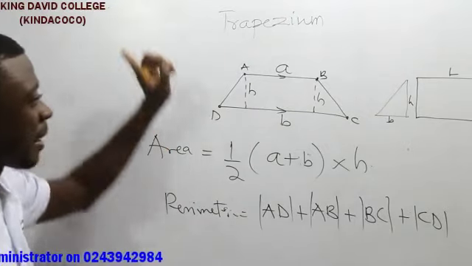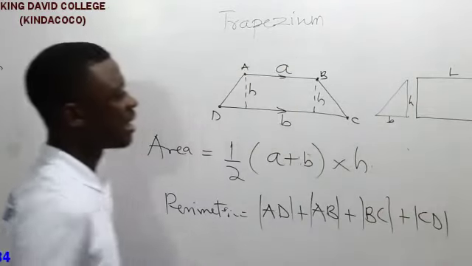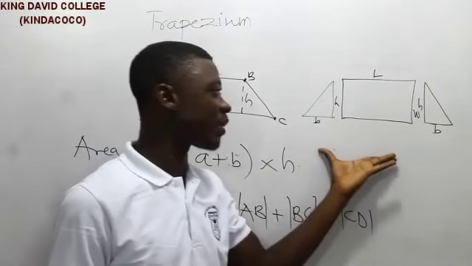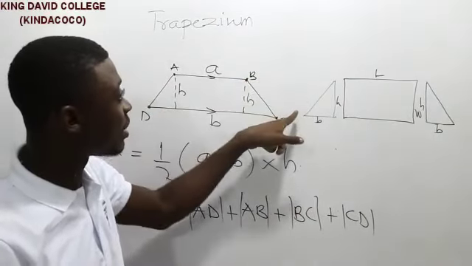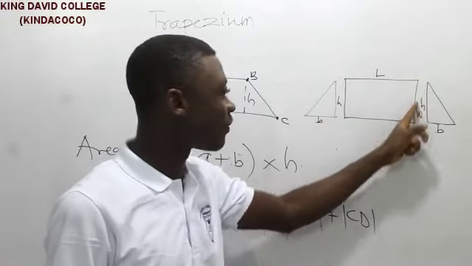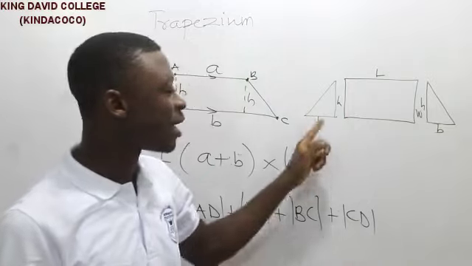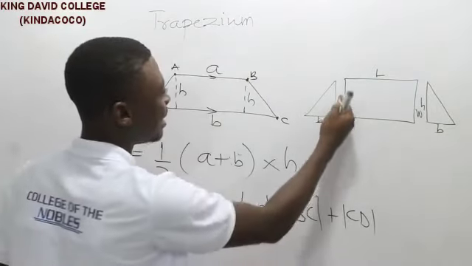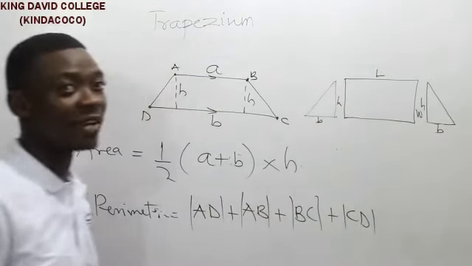Mind you, if you decide to disintegrate the trapezium like this and you are trying to find the perimeter, be careful, because you might find the perimeter of this plus the perimeter of this, then plus the perimeter of this. When you do that, you'll be wrong, because the whole shape is combined, and these inner sides will not even show in the first place.